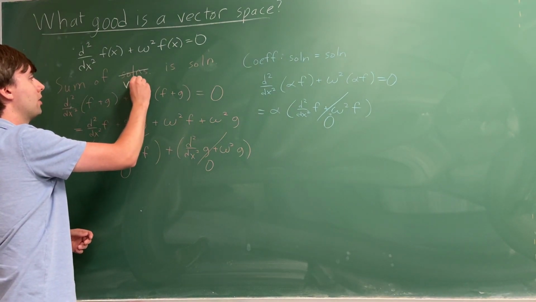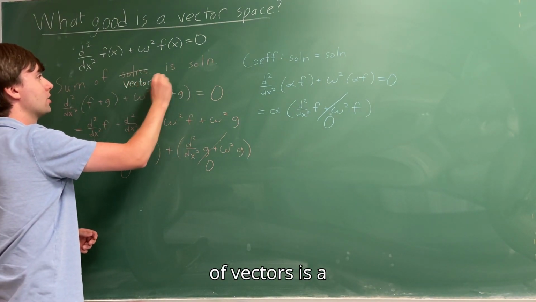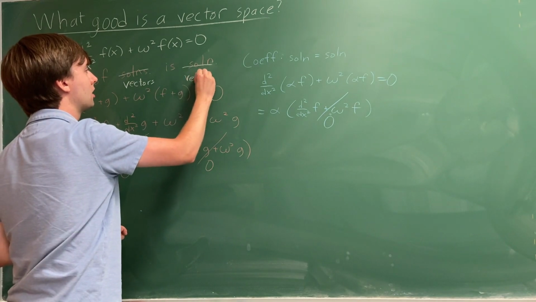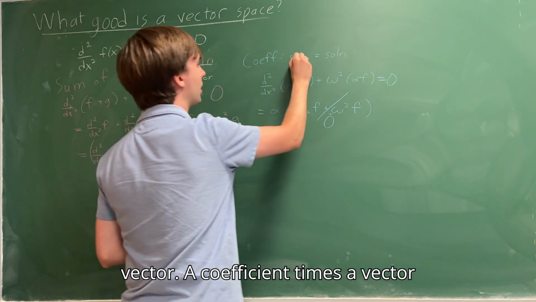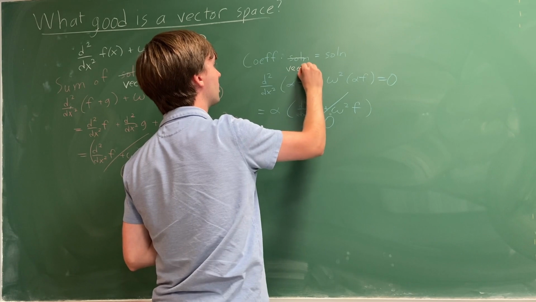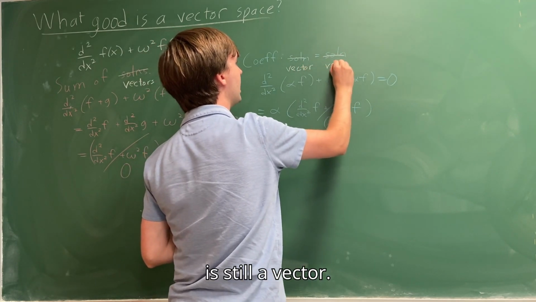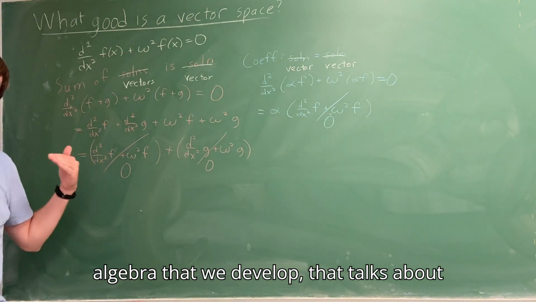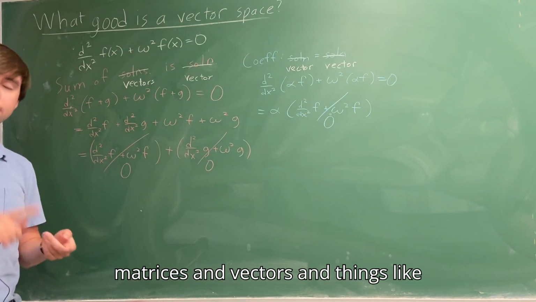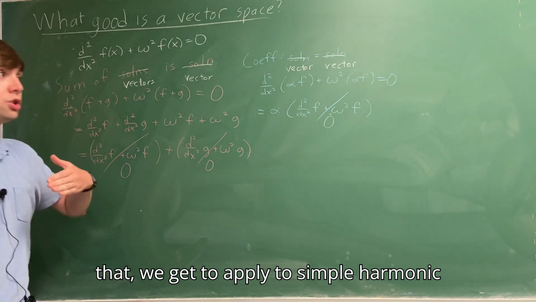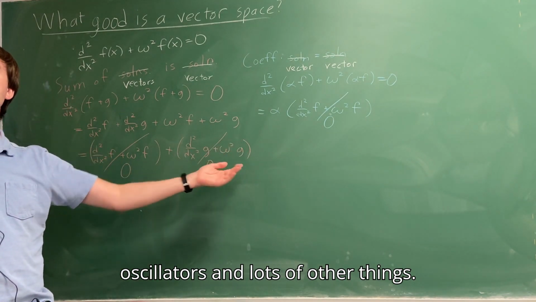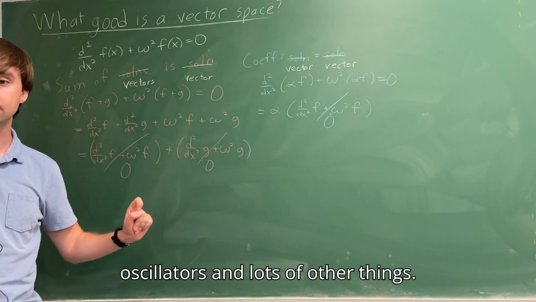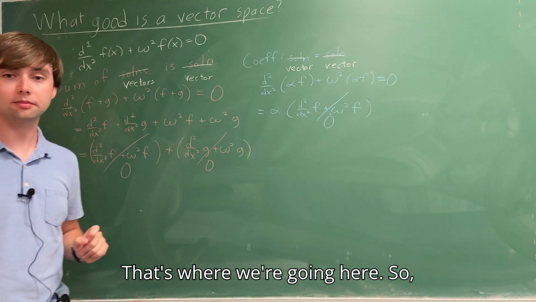A sum of vectors is a vector. A coefficient times a vector is still a vector. So that means that all of the linear algebra that we develop that talks about matrices and vectors and things like that, we get to apply to simple harmonic oscillators and lots of other things. That's where we're going here.